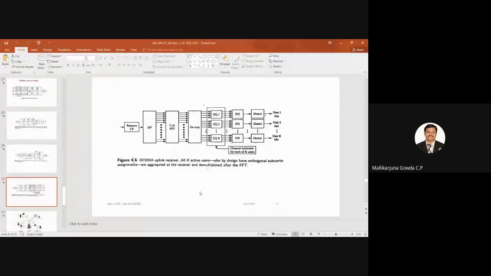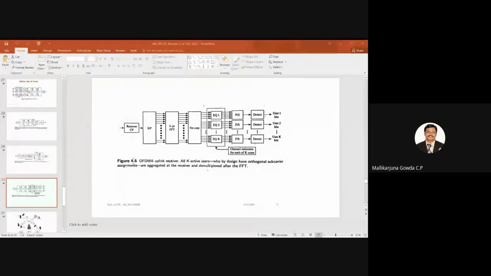This is the OFDMA uplink transmitter. Similarly, the receiver. So this is the OFDMA uplink receiver for K users. I think first I said about the K users OFDMA uplink transmitter, right? With respect to that, you need to understand this. I think I have not kept the slides in order. So remove cyclic prefix, then serial to parallel converter, L point FFT, demapping.